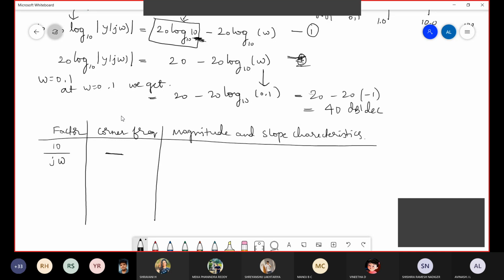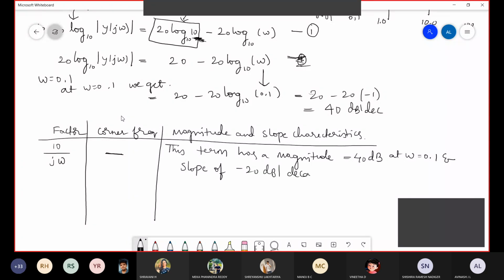So when you're talking about the magnitude and slope characteristic, this particular term has a magnitude equal to 40 dB at omega equal to 0.1, which we already considered, and a slope of minus 20 dB per decade.